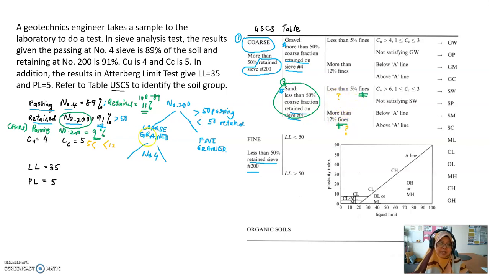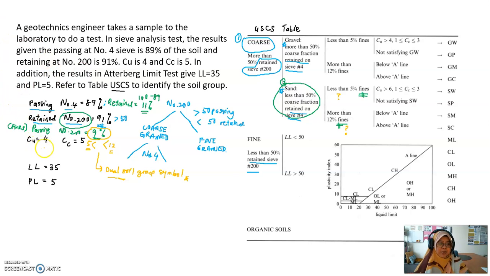What that means is that when the passing of number 200 is between 5 and 12, we are searching for a dual soil group symbol. So let us continue to check what the first symbol and the second symbol are.